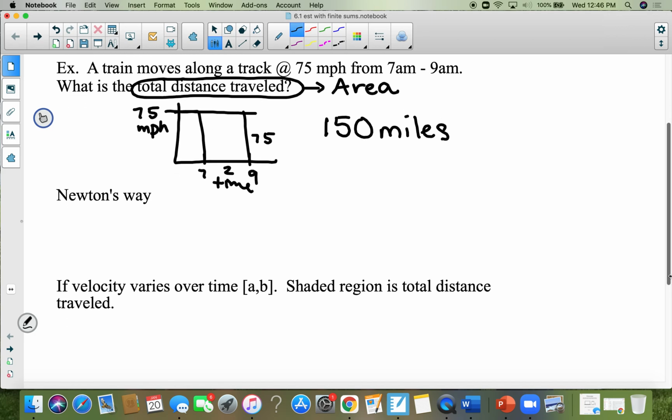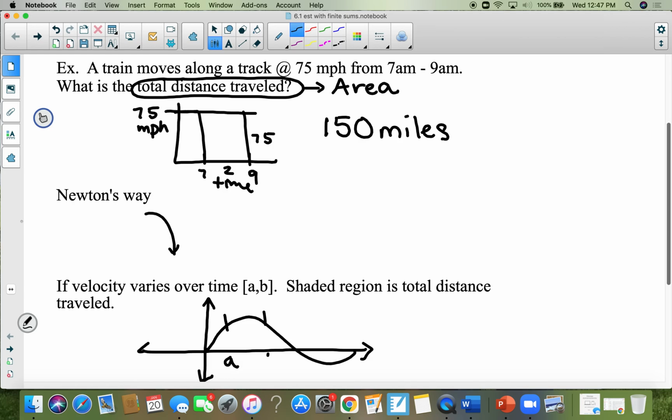Newton's way is this. If a velocity varies over the time A to B, so let's just go like this, and we're going from A to B. Okay, I'm going to read it one more time. If the velocity varies over the time A to B. Velocity means derivative.